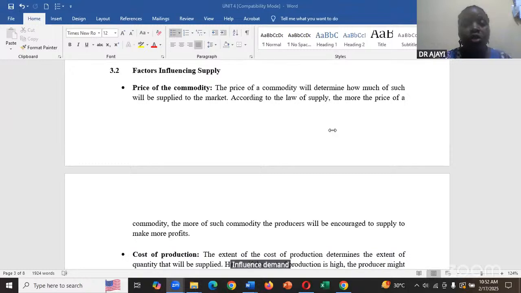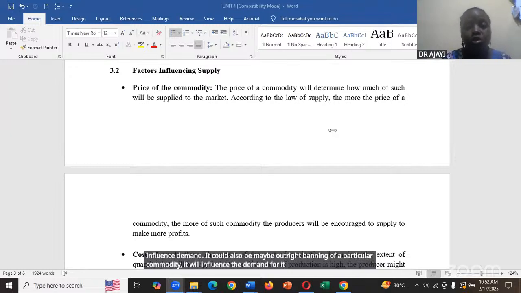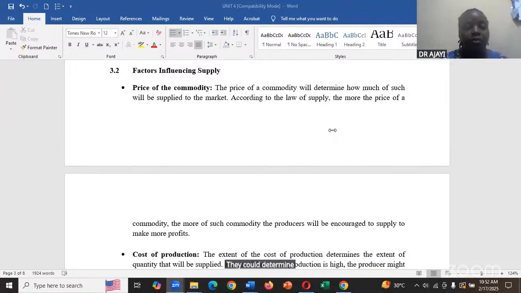It could also be outright banning of a particular commodity, which will influence the demand for it. Somebody said advertising, so it can also be part of it, but most times they are not direct factors as such. They could determine demand, but they may not stand directly as direct factors that influence demand.